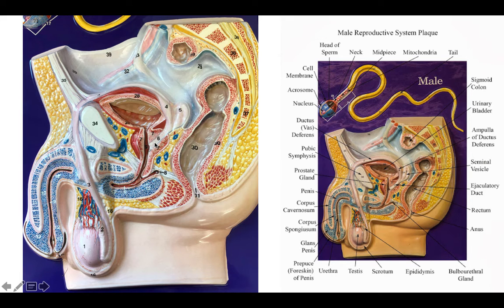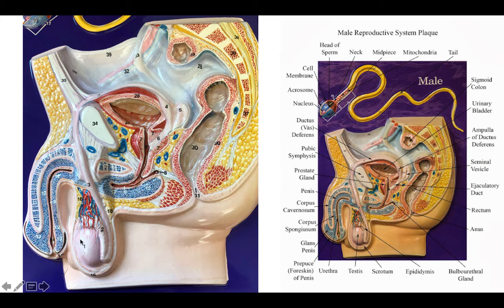And then as well as the urethra. So here's the urethra all the way down here. These are going to be the primary ducts to transport the sperm cells.